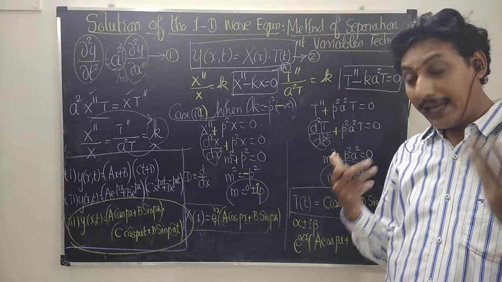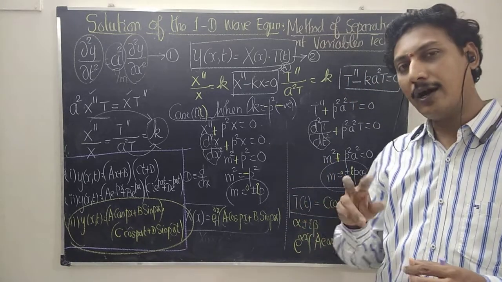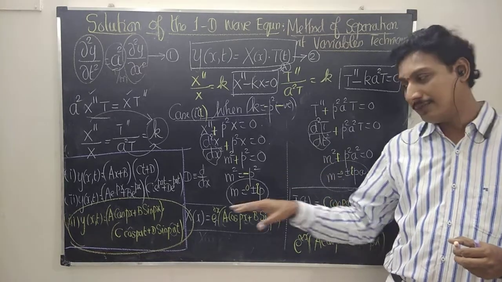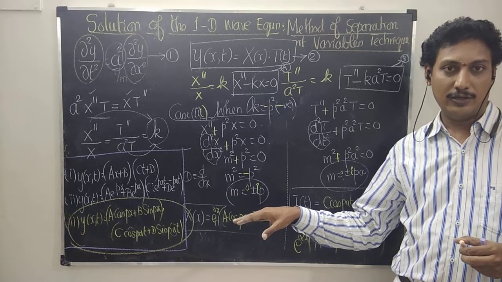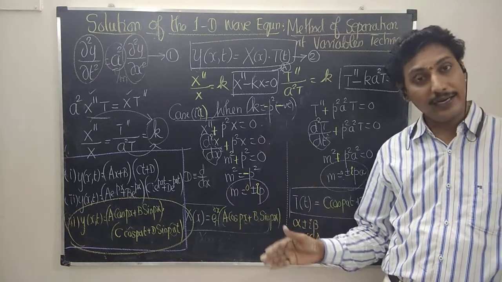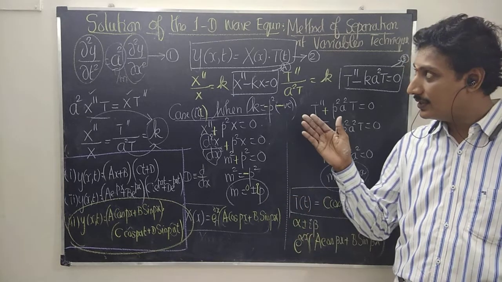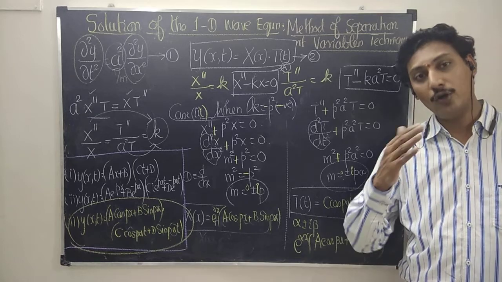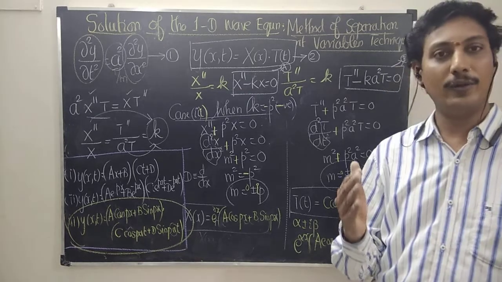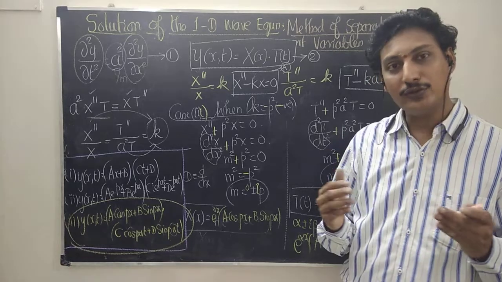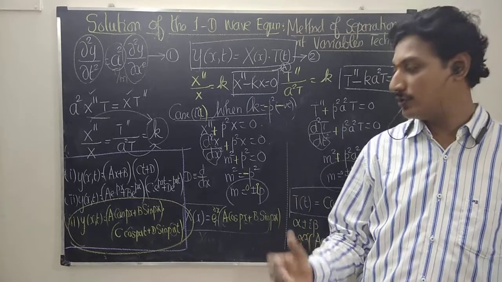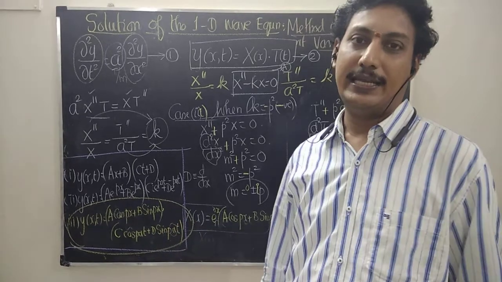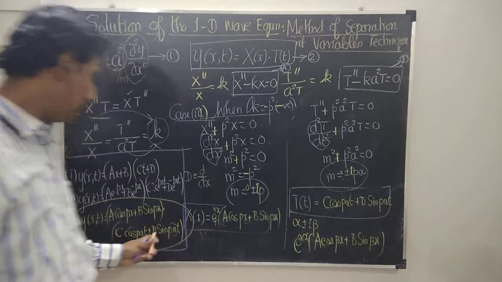Our aim is to determine these arbitrary constants in the correct solution with the help of some boundary conditions. So this one-dimensional wave equation is also known as a boundary value problem, because I am going to use certain boundary conditions to determine the unknown arbitrary constants.